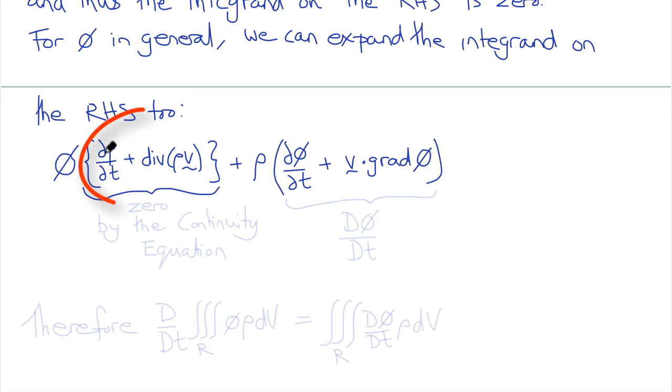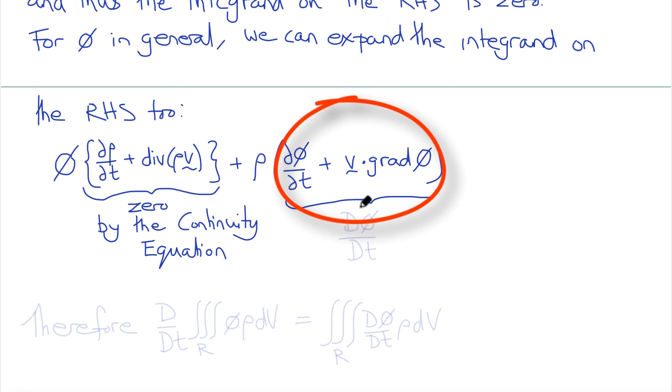Now observe that this term is actually 0 because this is the continuity equation. And this term here is the material derivative of phi by the definition of the material derivative.